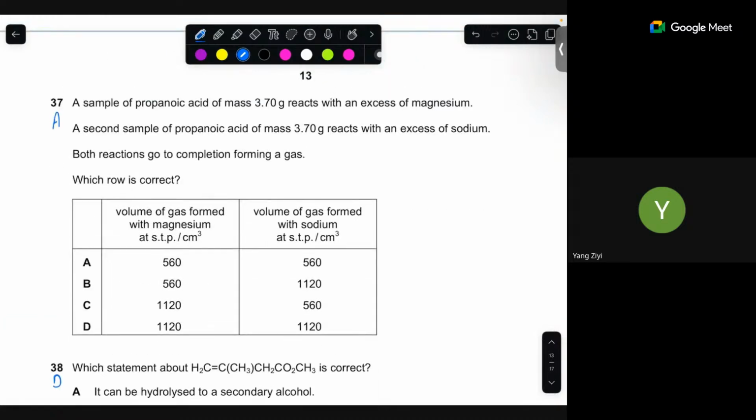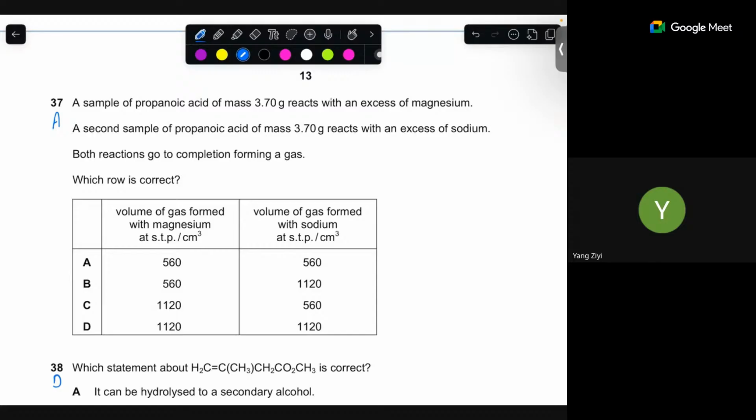37. A sample of propanoic acid reacts with excess of magnesium. A second sample of propanoic acid reacts with excess of sodium. Both form gas.